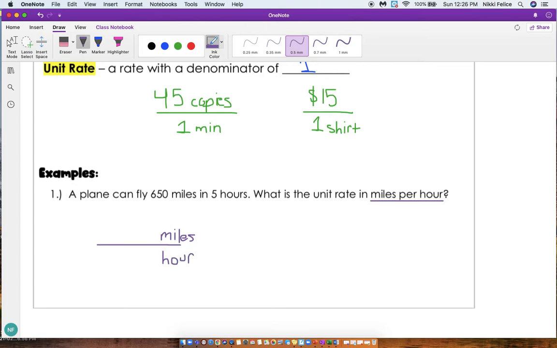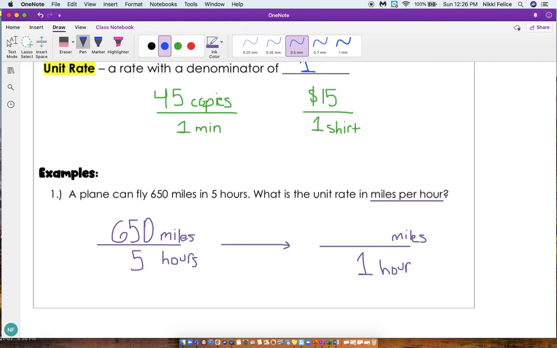So right now, our rate is 650 miles in 5 hours. But I want to know the unit rate in miles per hour, so I want to know how fast the plane can go in just 1 hour. How many miles for just 1 hour? So to do this, we're going to have to simplify this fraction.